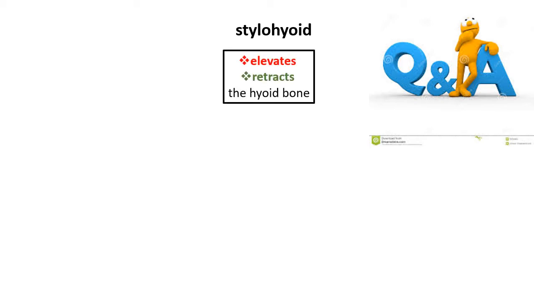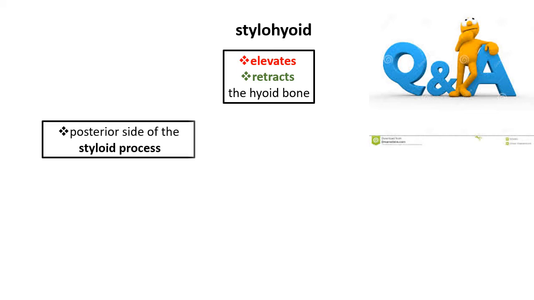Alright, now we need to write down and organize some basic information about the stylohyoid muscle by asking ourselves a few questions. What does it do? It elevates and it drags the hyoid bone because it comes from higher up and attaches to the hyoid bone.